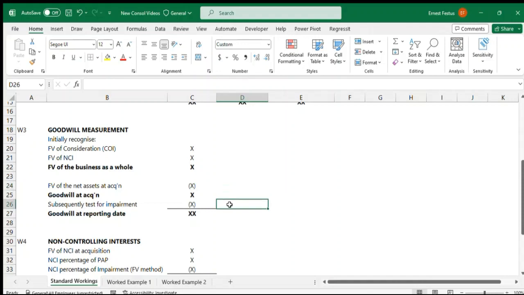Goodwill is talking about the total value of the business, which comprises any amount we paid to acquire the business, plus the non-controlling interest value in the business, and then we subtract the fair value of all the identifiable net assets of that business. When we do that, we are calculating what we call goodwill.